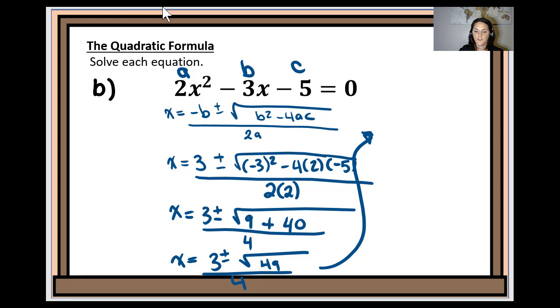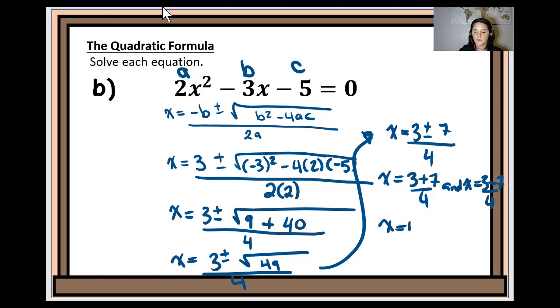So simplifying further, x is equal to 3 plus or minus the square root of 49, which is 7, divided by 4. So x is equal to 3 plus 7 over 4, and x is also equal to 3 minus 7 over 4.